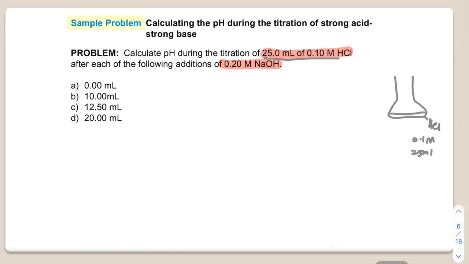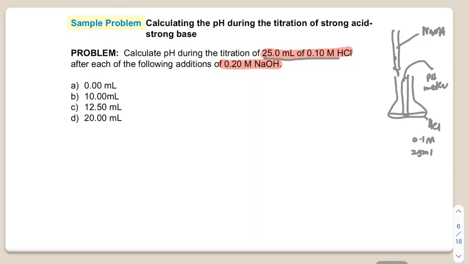And then we have a pH meter, and we also have a burette, and in this burette we will have the sodium hydroxide.